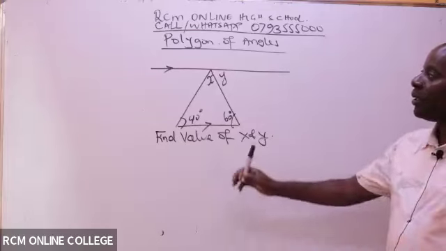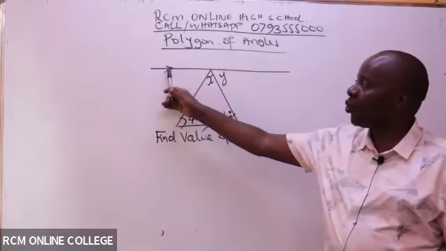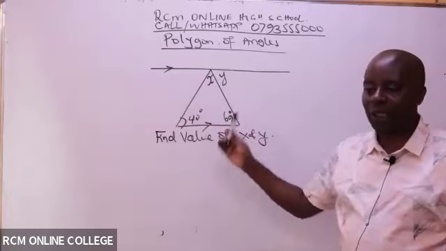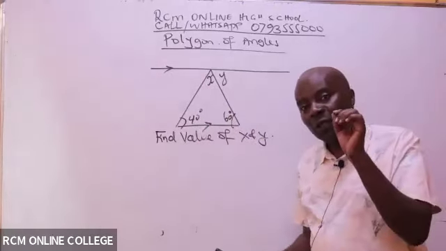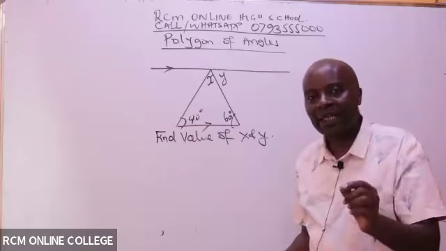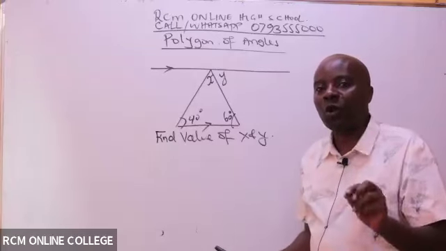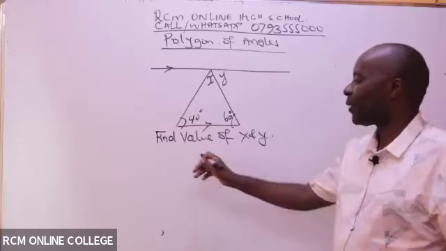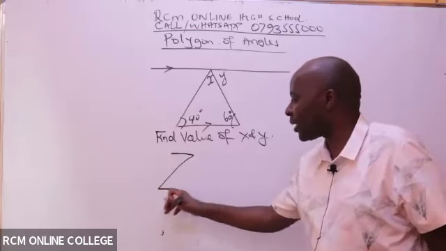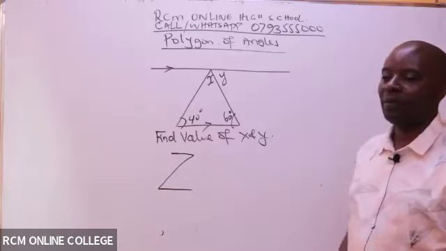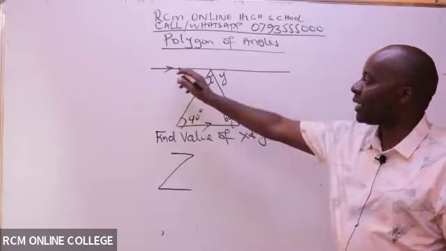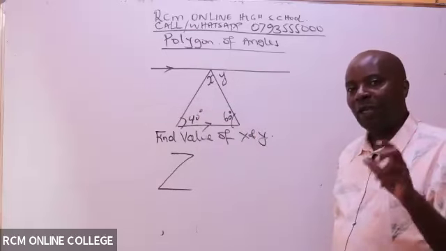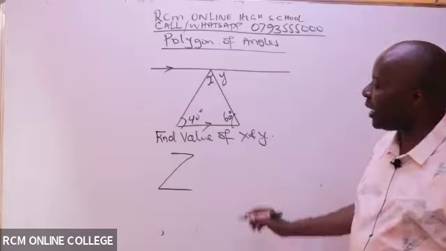Now remember that we have these two lines being parallel. So whenever you see parallel lines, always look for what we call Z angles.